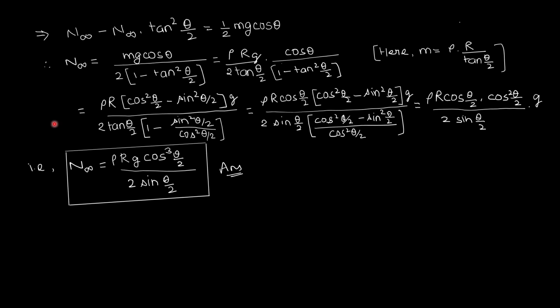Then N infinity would be rho into r into cos square theta by 2 minus sin square theta by 2 into g divided by 2 tan theta by 2 into 1 minus sin square theta by 2 divided by cos square theta by 2. After solving it, we get our answer, that N infinity is equal to rho into r into g into cos cubed theta by 2 divided by 2 sin theta by 2. This is the solution of our problem.